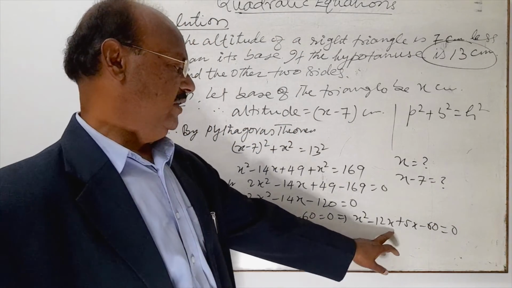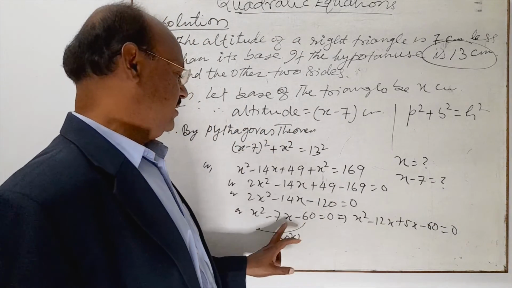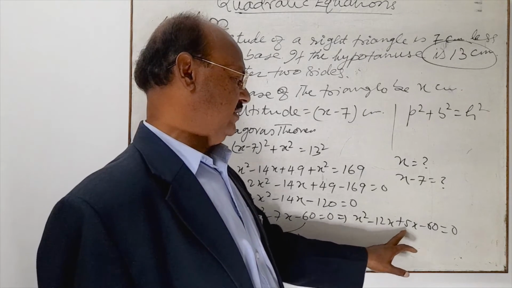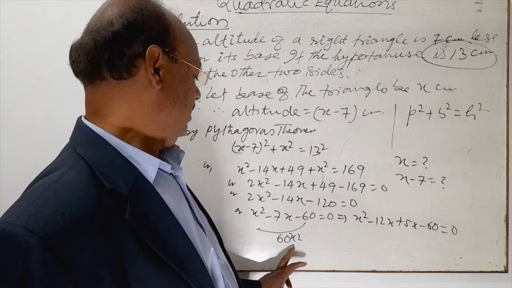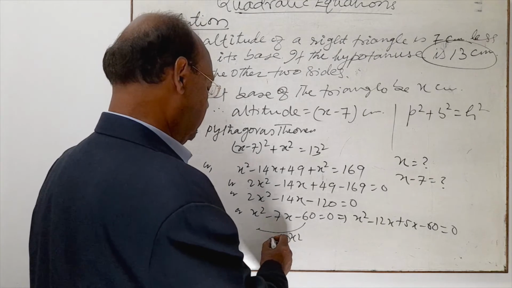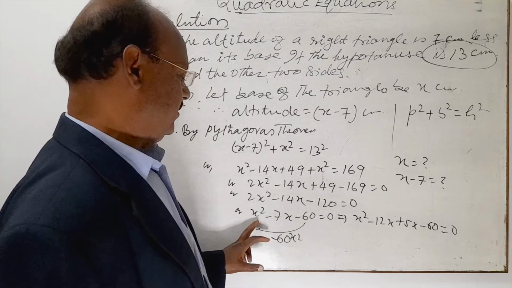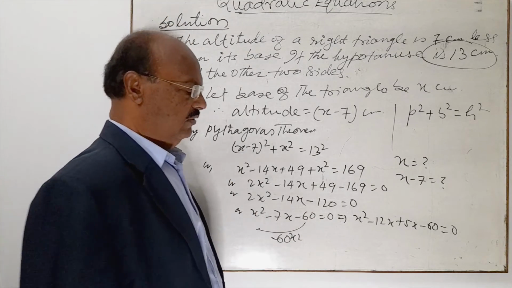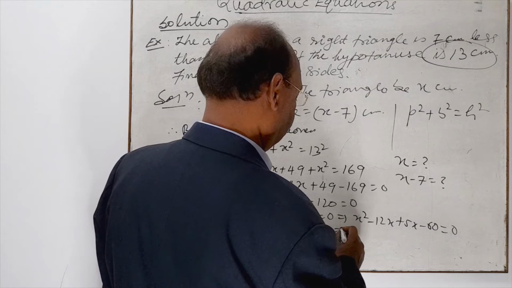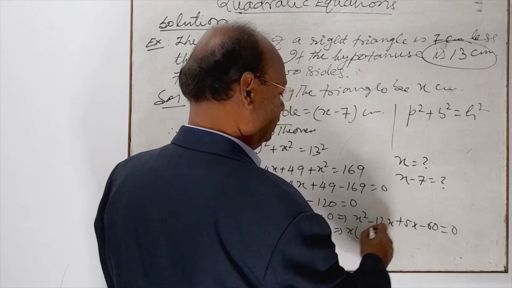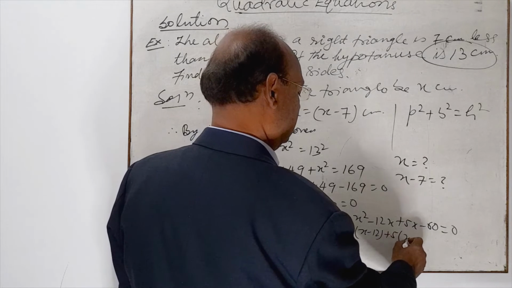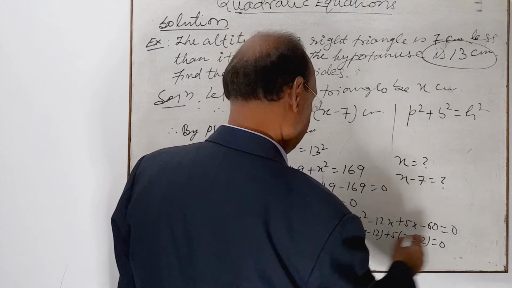You see, minus 12x plus 5x remains minus 7x, and the product of minus 12x and 5x is minus 60x square, which you get from multiplying x square and minus 60 from the first and last term. Correct? Now factorize it: taking x common from these two terms, x minus 12, and 5 common here, x minus 12 is equal to 0.